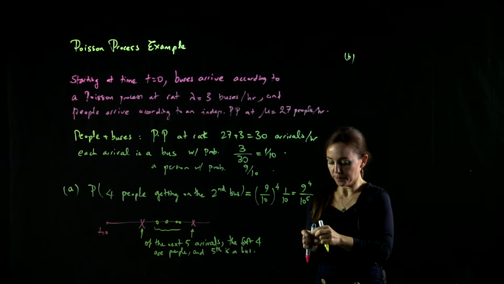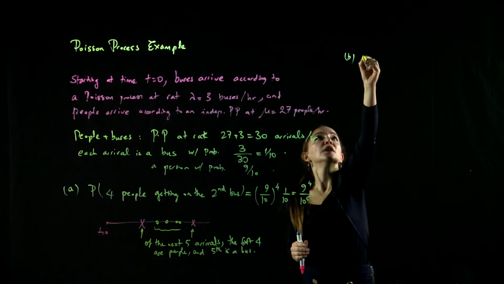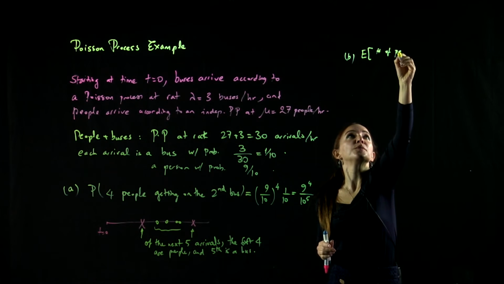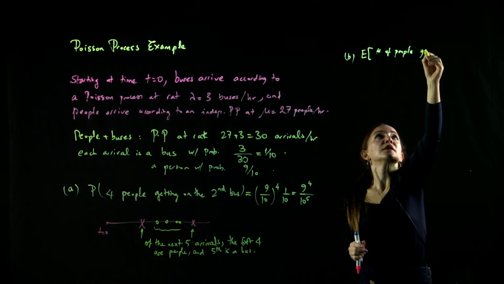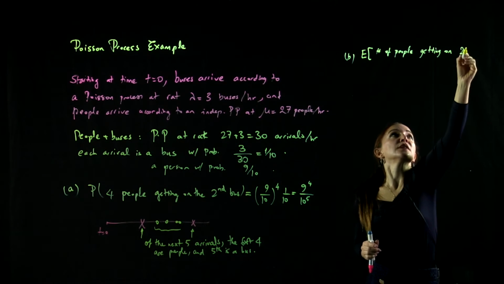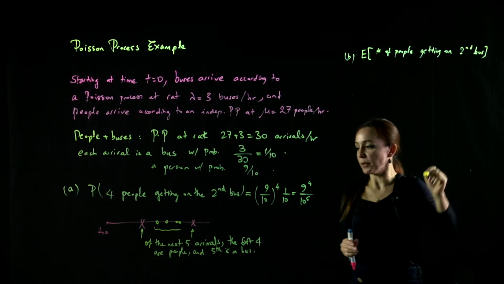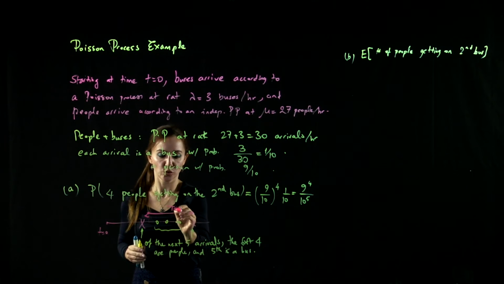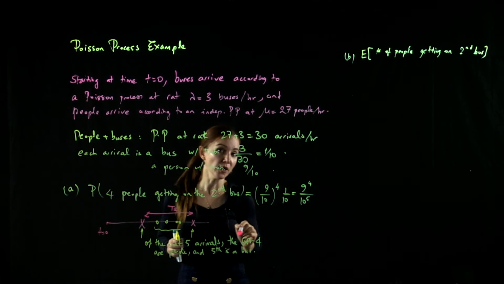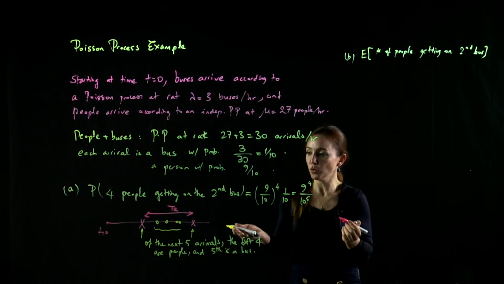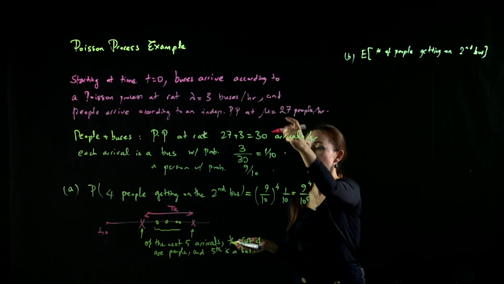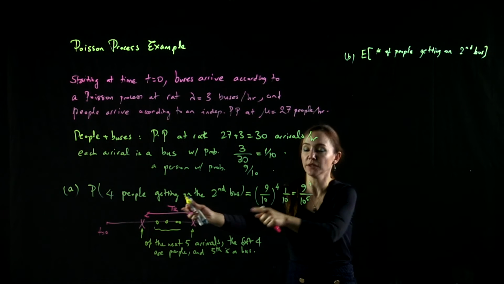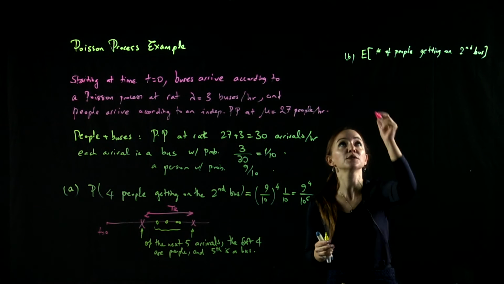Now, in part B, we will compute the expectation of the number of people getting on the second bus. Now, this is interesting because if we knew the amount of time, let's say T2, between the first and second buses, the expected number of people would be simply 27 T2, because the rate of arrivals of people is 27. But we are not given the amount of time, so we are going to use iterated expectations.